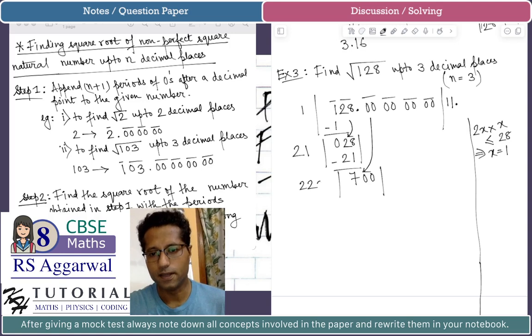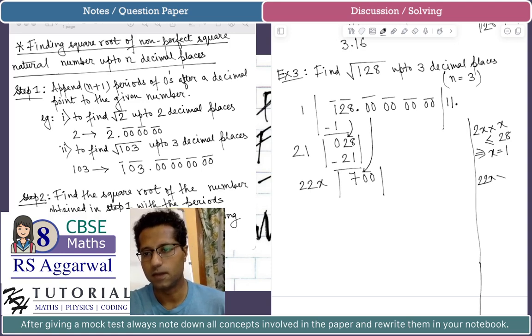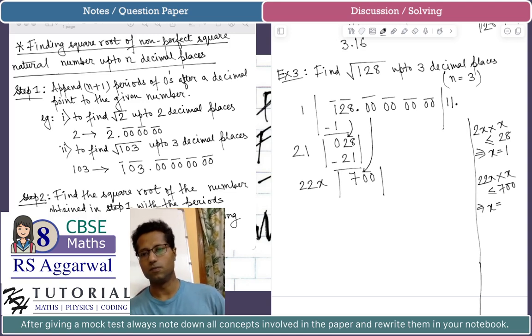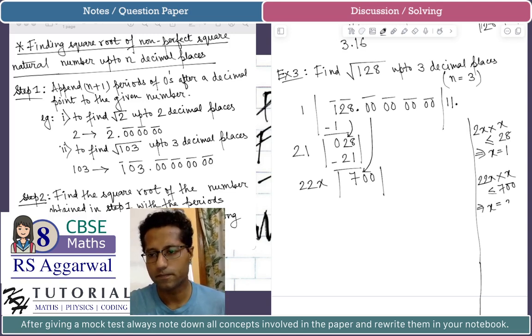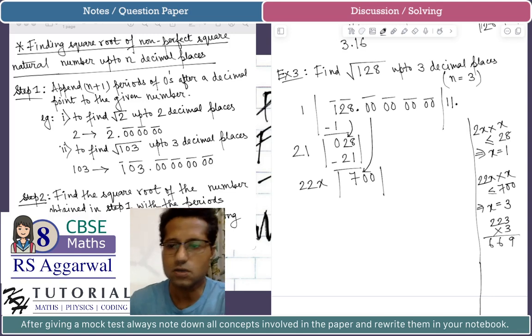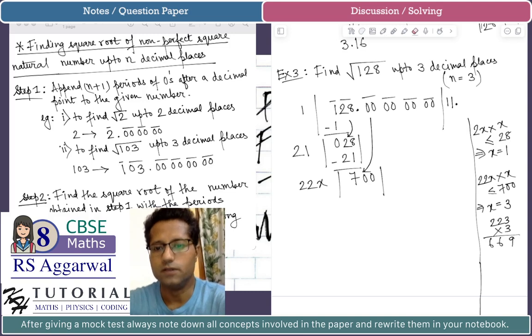We have to find x such that 2x multiplied by x is less than or equal to 700. This implies x cannot be 4, so x will be 3, and 223 multiplied by 3 is 669. Okay, so x will be 3.